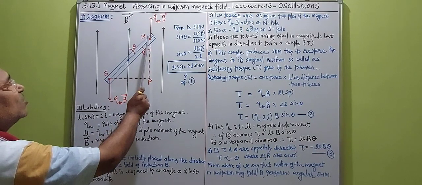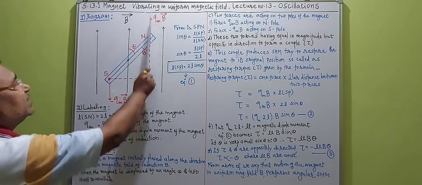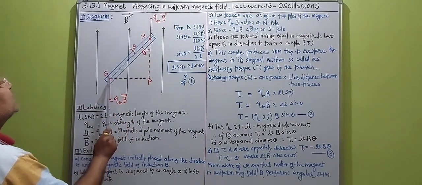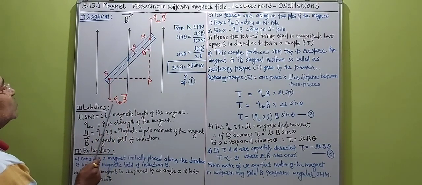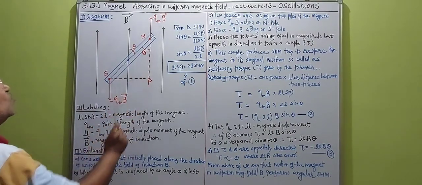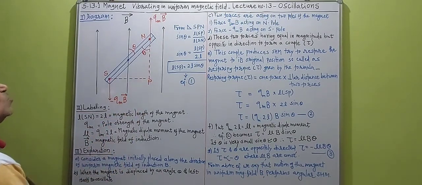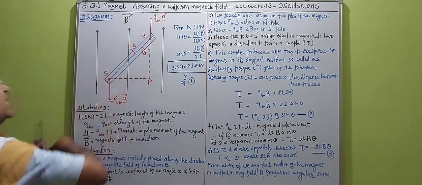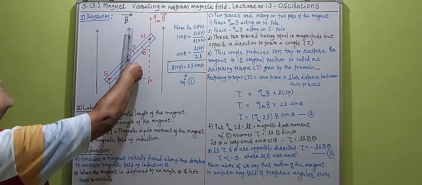Force acting on the north pole is Qm into B vector, in the upward direction. Force acting on the south pole is in the downward direction, equal to minus Qm into B. These two forces are equal in magnitude but opposite in direction, and try to restore the magnet to its original condition.